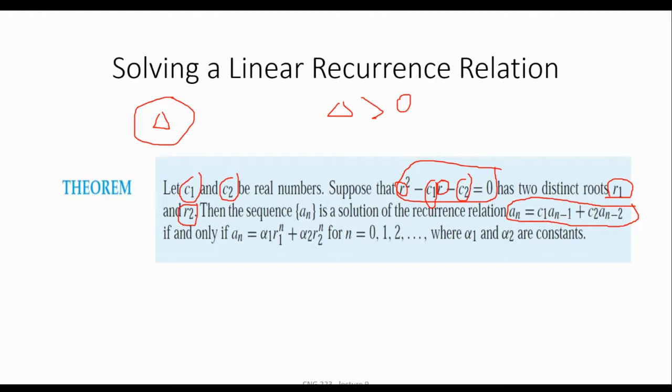And AN minus 1 and AN minus 2 are defined recursively based on AN, okay? So this condition holds if and only if AN is equal to this for all non-negative integers. And alpha 1 and alpha 2 here are constants.